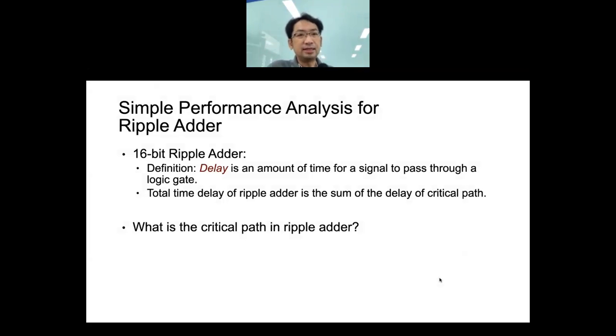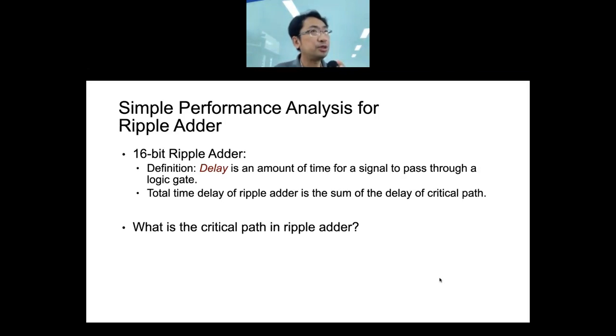Let's look at a simple analysis here. In case we have a 16-bit ripple adder, we can define the delay as the amount of time that the signal takes to pass through the logic gates from the input to the output. How long does it take to get the output after we apply the input to the system? In the lab, we do the functional simulation.